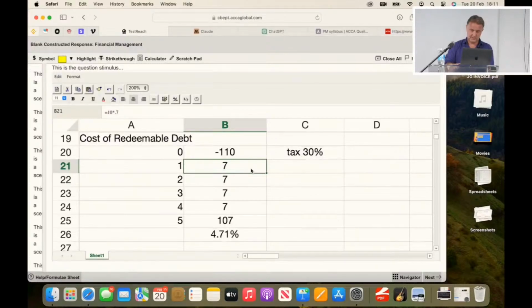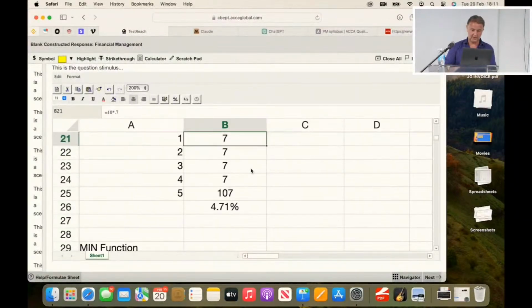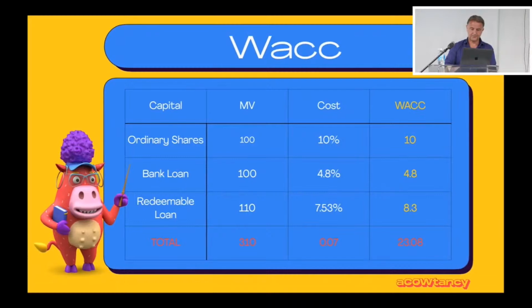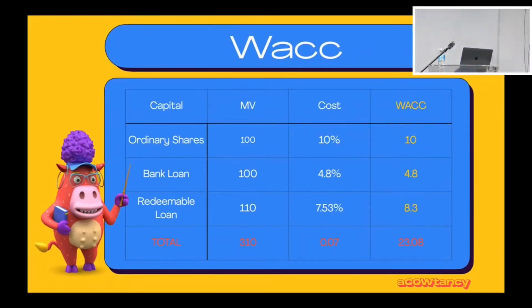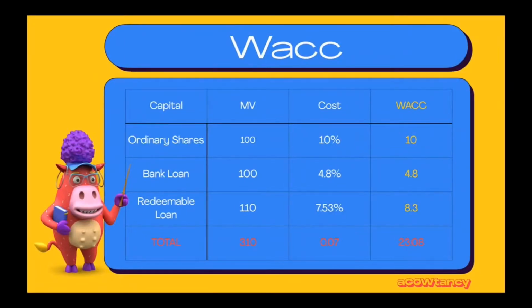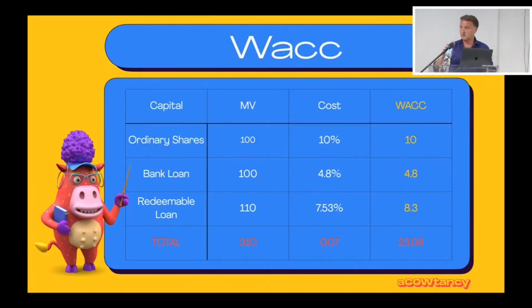I can't because I haven't got it on here. But that's basically 23.08 divided by 310. That's what works out, and that will be your answer for a whole weighted average cost of capital question. Okay, all good? All happy?